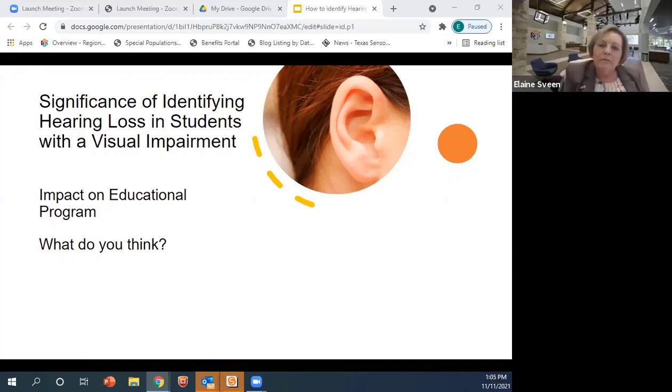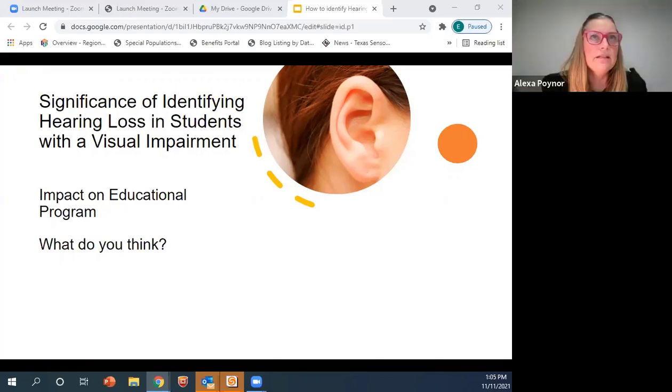Yes, because a child doesn't have to fail in order for us to look at hearing loss. It may be just that there's such an improvement just by making simple accommodations in the classroom.